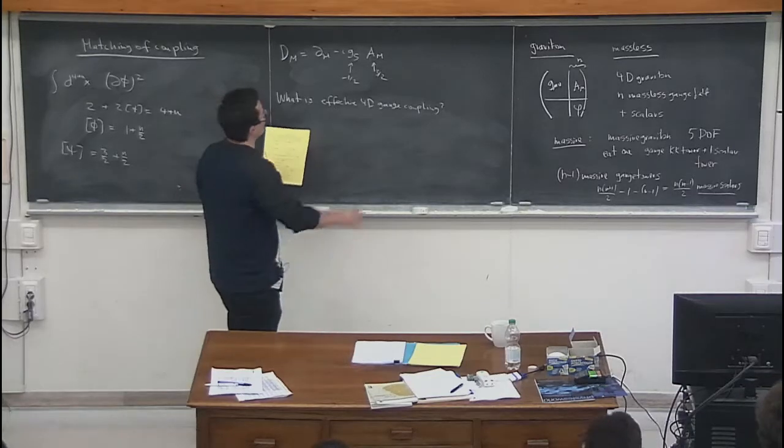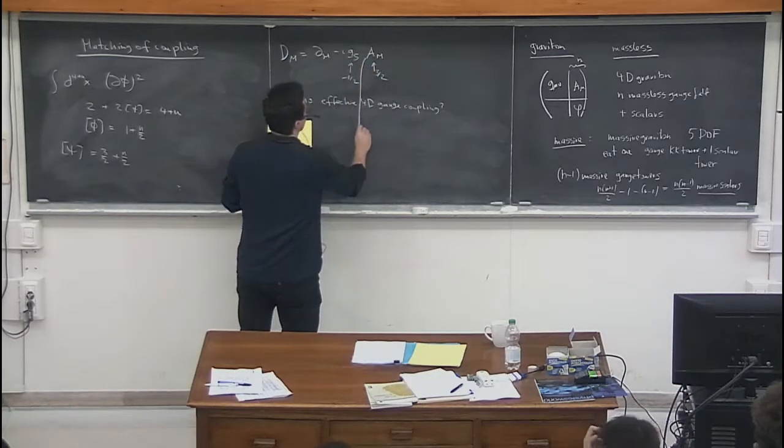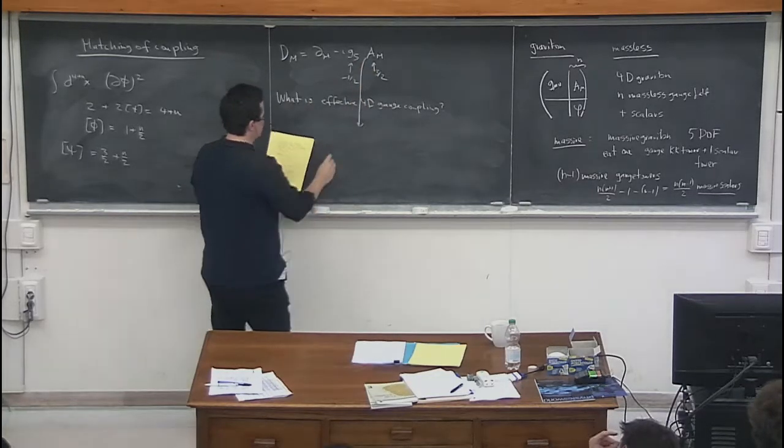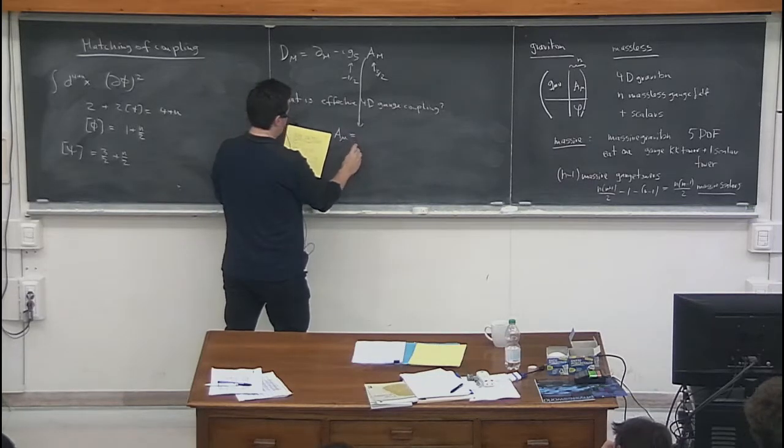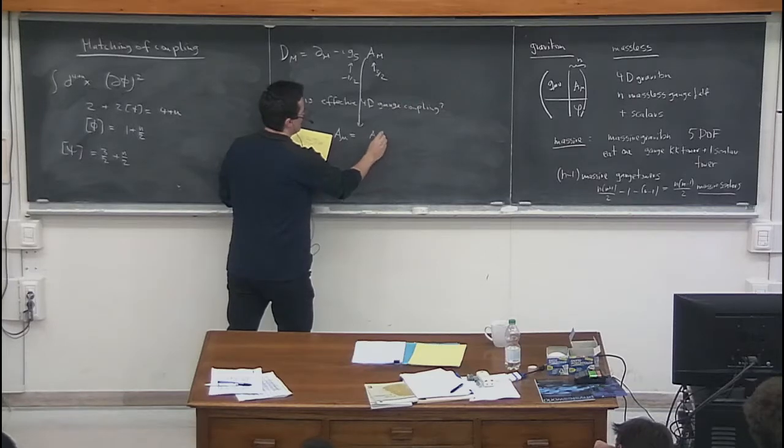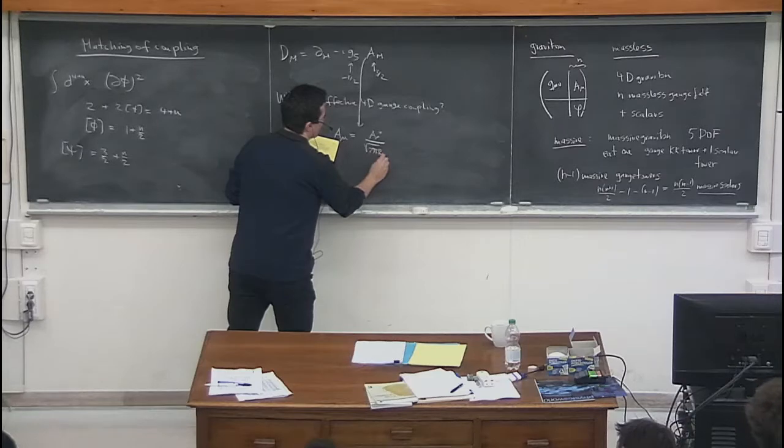What will happen is that the 5-dimensional gauge field, in terms of the zero mode, will look like a flat zero mode, A_mu^0 divided by root 2 pi r.